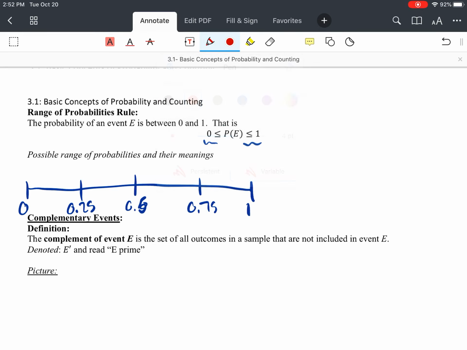If I were to tell you what each of these would be, a 0% would be impossible. 25% would be unlikely. 50% is just an even chance, so 50-50. 75% is likely, and then 100% or 1 is certain.